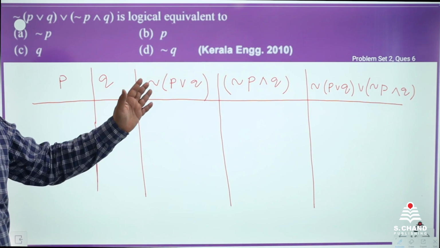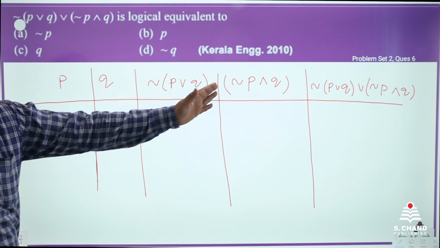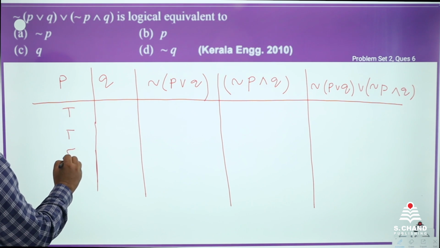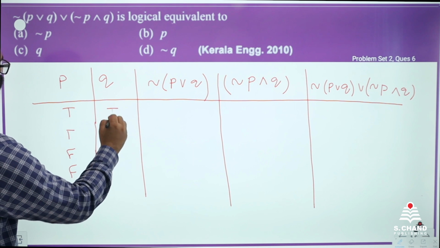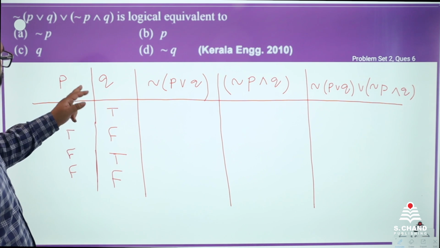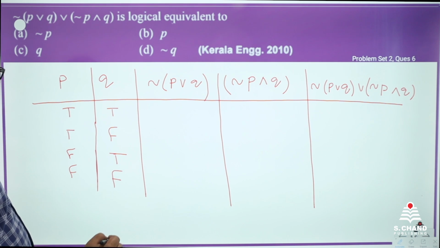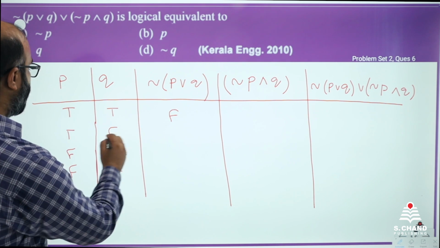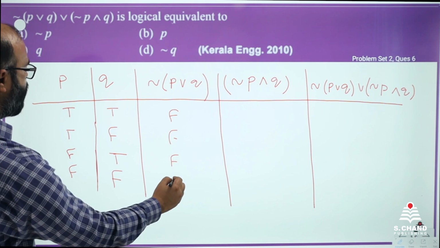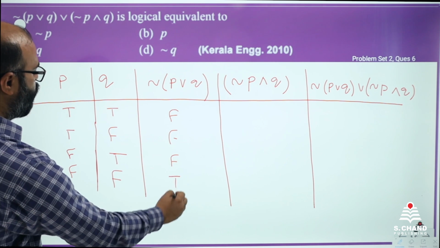So if we take these two truth tables, we can take the OR and find the last truth table. So let us take true, true, false, false, true, false, true, false, like this. So P or Q is true, whereas its negation is false. This is also true, its negation is false. This will give you false and this will give you true.